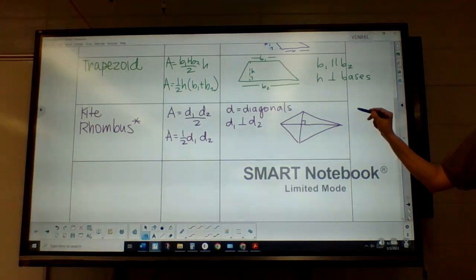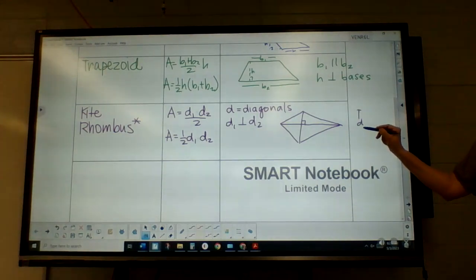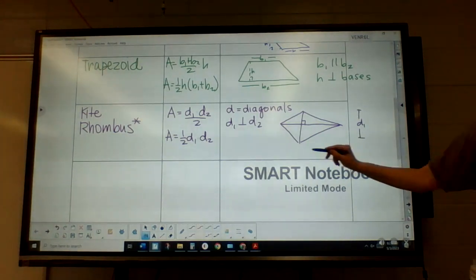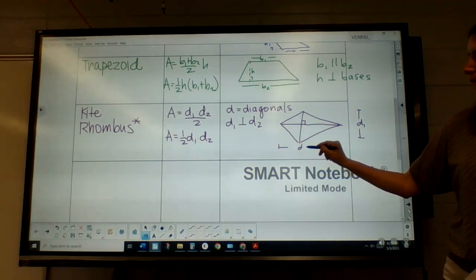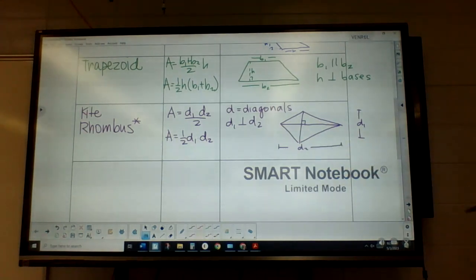They're a little harder to show the length of because you're going right through it. So it's how tall and how wide it is, but again, that distance in the middle is perpendicular. So we really don't care about the outside edges in a kite at all, or a rhombus, unless we're looking for a perimeter.